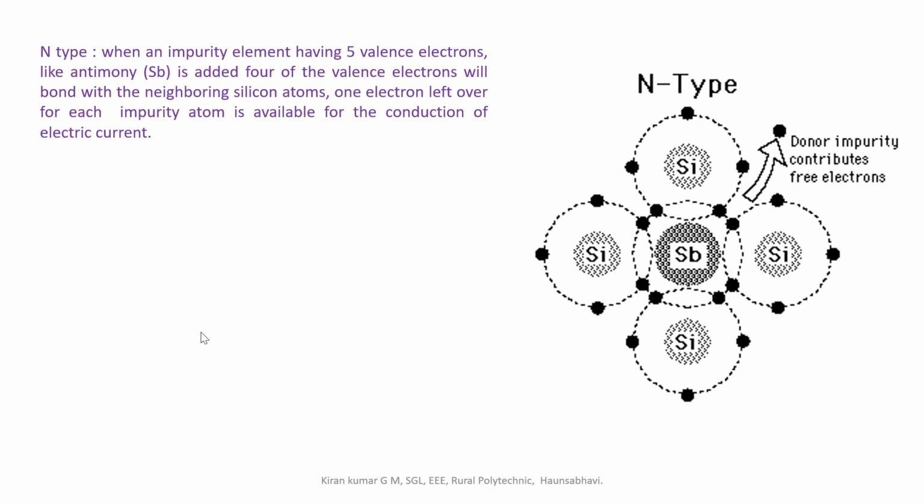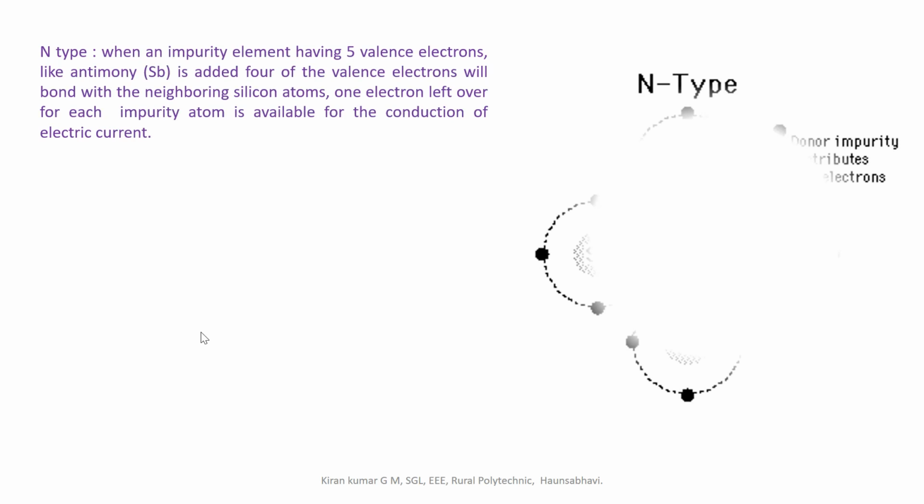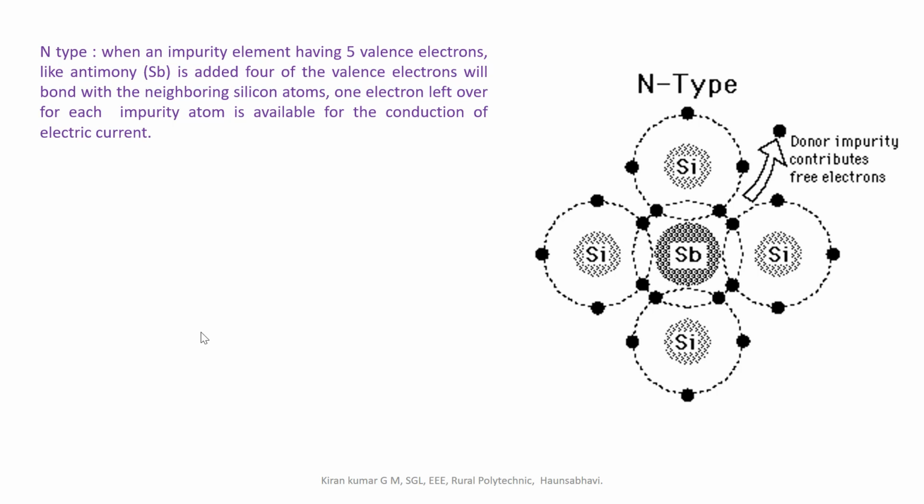On the contrary, when a trivalent impurity is added, as you can see in the case of a p-type semiconductor, a hole is generated and this hole can accept 1 electron. That is why this impurity, which creates a reason to accept 1 free electron, is called an acceptor impurity. That's why trivalent impurities are called acceptor impurities and pentavalent impurities are called donor impurities.